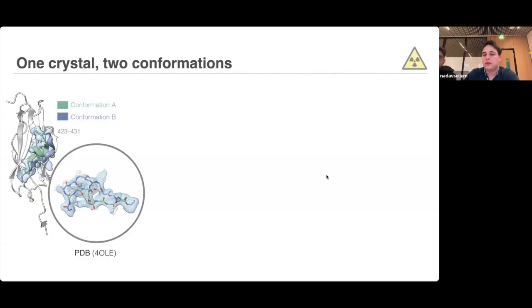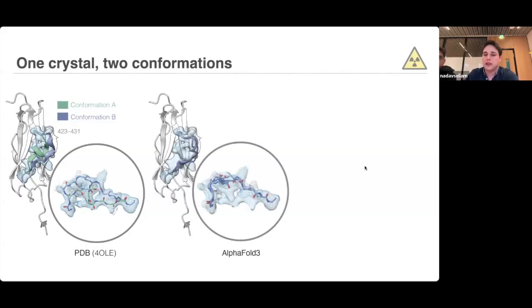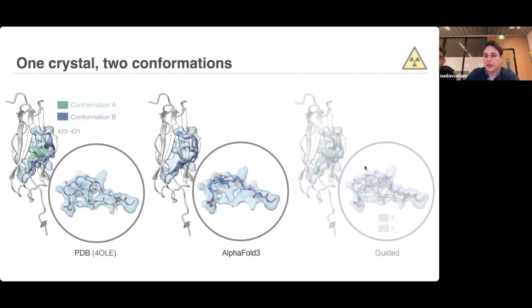We found that about 15% of the PDB exhibit this type of behavior, but because it's the same sequence, AlphaFold and other sequence conditioned models typically predict just a single mode, because only a single mode is available in the training set, and also because it has the same MSA embedding. If we use our guidance, which is X-ray crystallography, also in this case, we manage to capture both conformations very accurately.